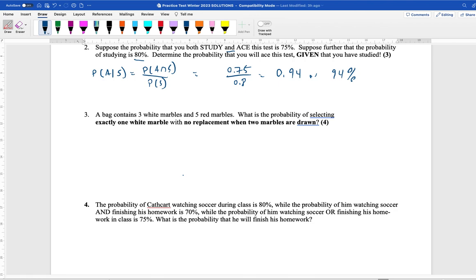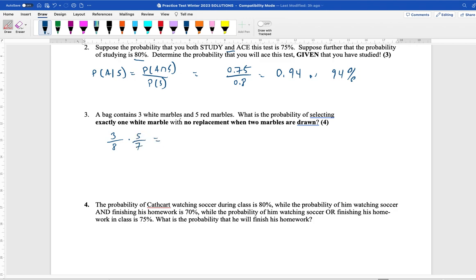A bag contains 3 white marbles and 5 red marbles. What's the probability of selecting exactly 1 white marble with no replacement when 2 marbles are drawn? Okay, so we need 1 white marble. That's 3 over 8. We're going to times this by 5 over 7.